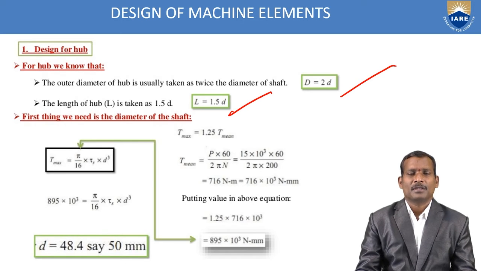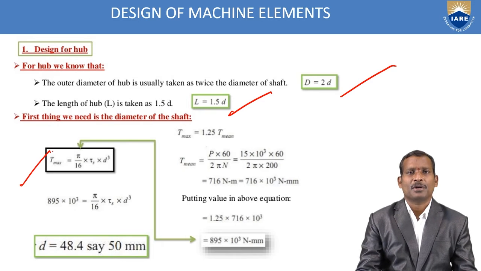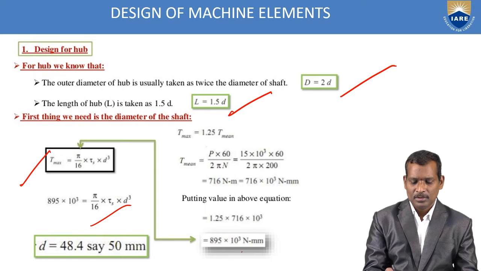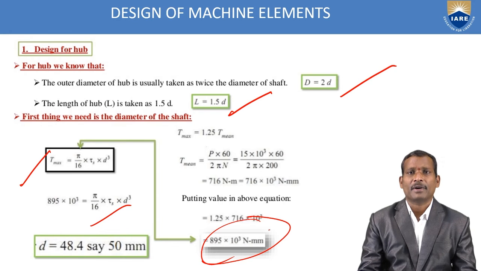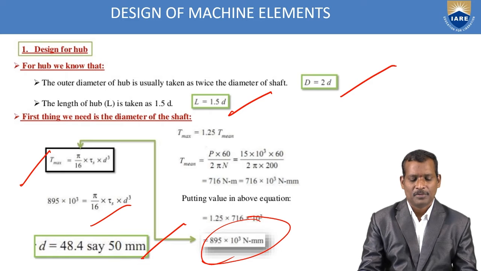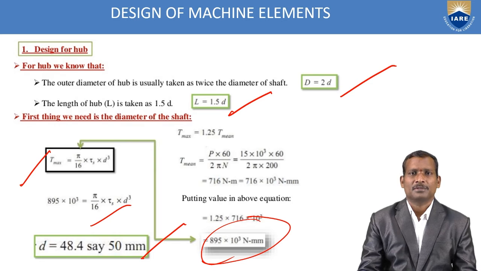How do you calculate it? By using the torsion equation: T max is equal to pi by 16 into tau into d cubed. Calculating, the torque is 895 into 10 cube Newton mm, and the diameter of the shaft is 48.4 mm. According to standard values, we take 50 mm.